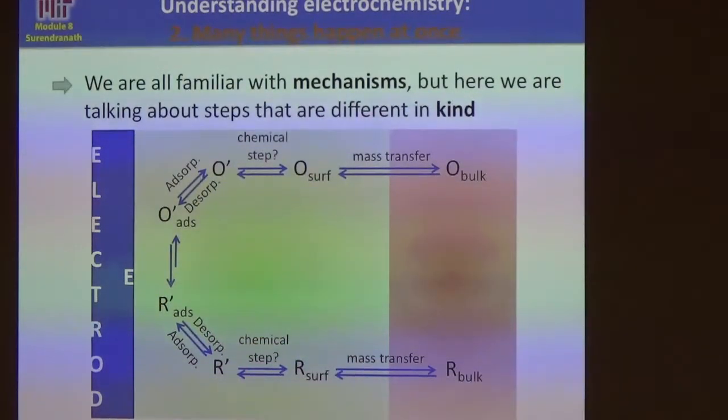Because if I pass current and I know what reaction the current is going towards, by counting the amount of current per unit time, by simply appreciating that an equivalent of charge had to go into an equivalent of a molecule or an equivalent of a reactant by some stoichiometry, I then essentially know the rate of the reaction occurring.